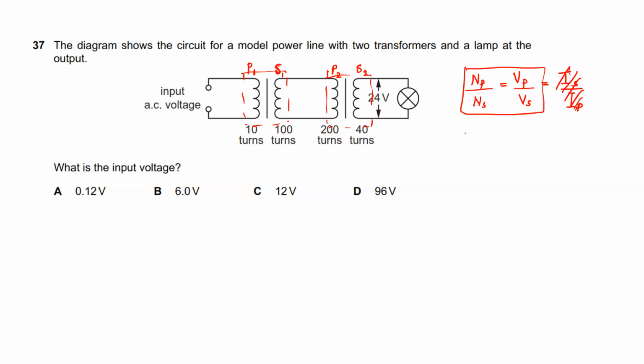So we have the number of turns available and the voltage at secondary. So let's find VP2. VP2 is the number of turns at primary, 200, divided by secondary, 400, multiplied by VS. VS goes here, it's 24. So VP2 is 4, 6. So it is 12.